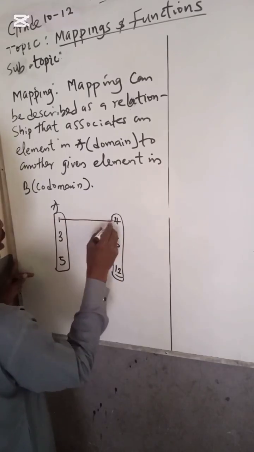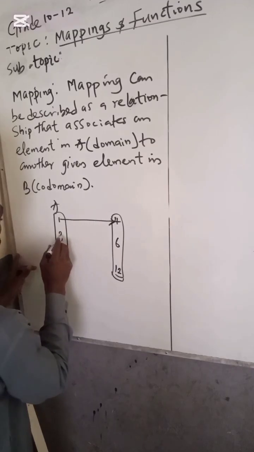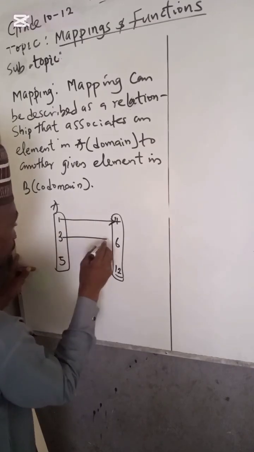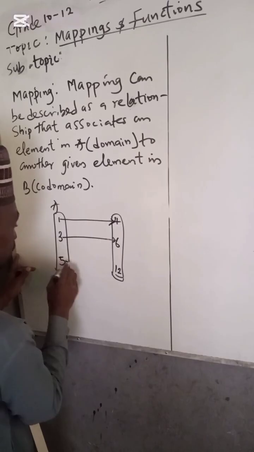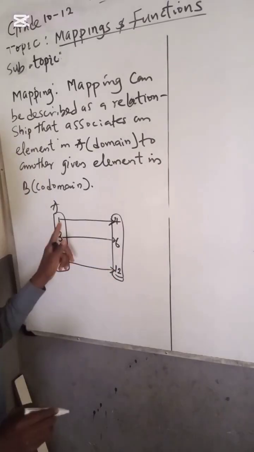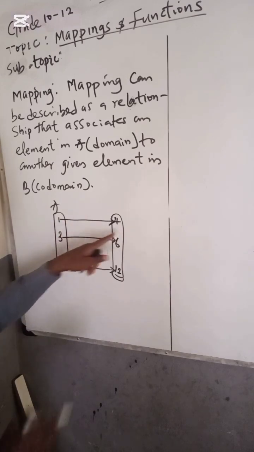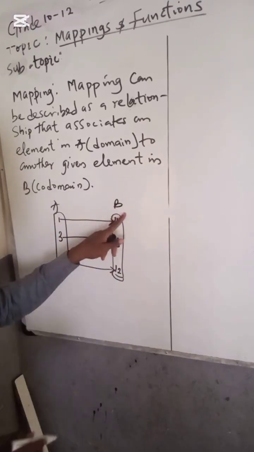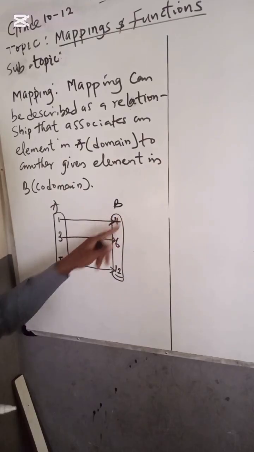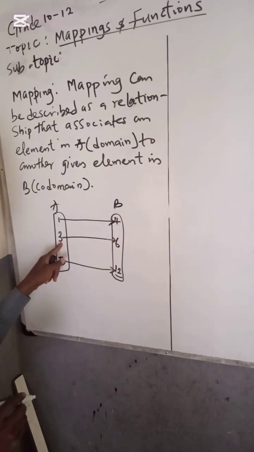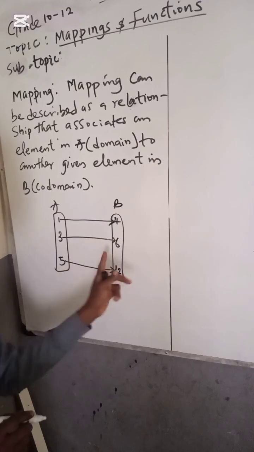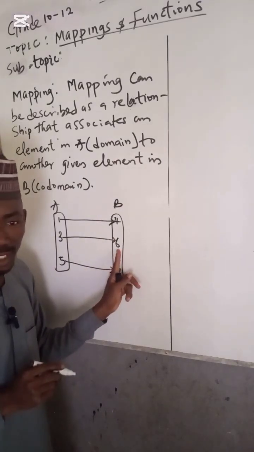Now, look at this. You see, this element is associated to this element in B. The element in A here, which is 3, is associated to the one in B, which is 6.